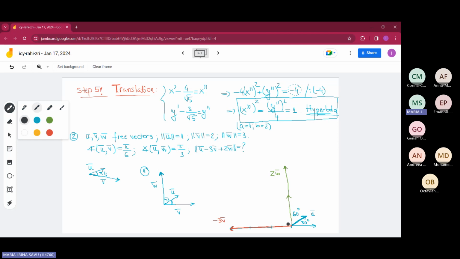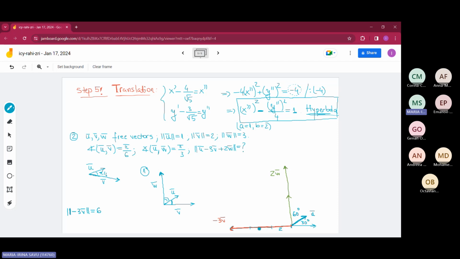Well, you know that the sum of two vectors with common origin is the diagonal of the parallelogram formed with the edges given by these two vectors. The length of minus 3v is 6. Not minus, it's just because we talk about the length.